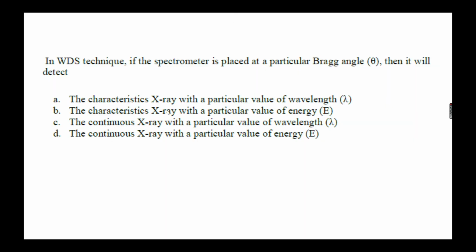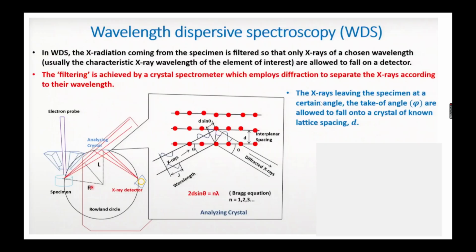So there are two characteristic X-ray options, either A or B. Since WDS is regarding wavelength, this will only choose the wavelength. So here it is saying not for the energy, only the X-ray of chosen wavelength. It will not allow all the wavelengths of your X-rays, because there is a filter.